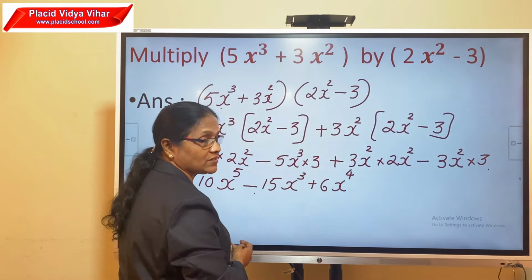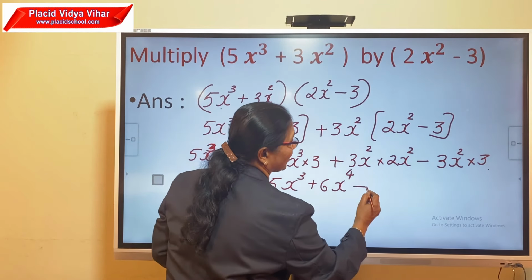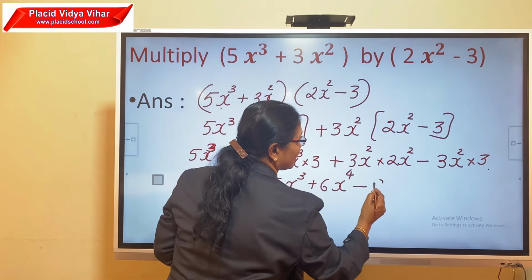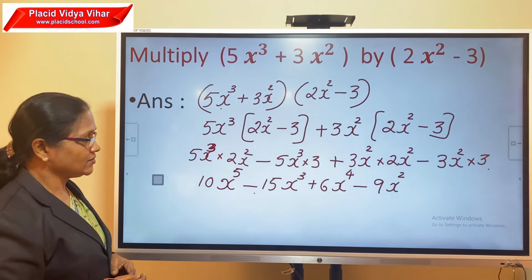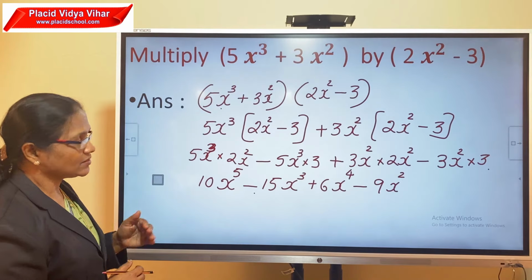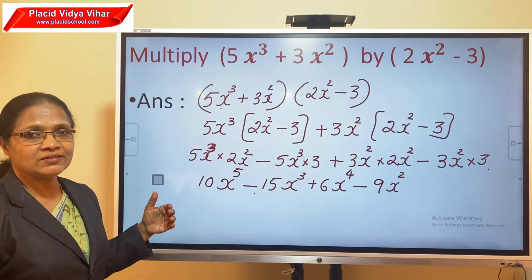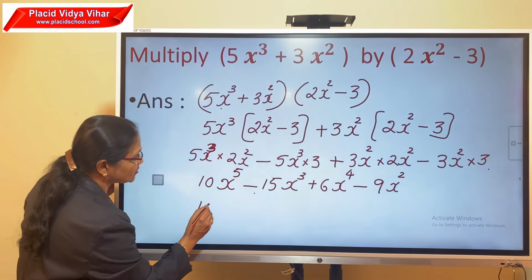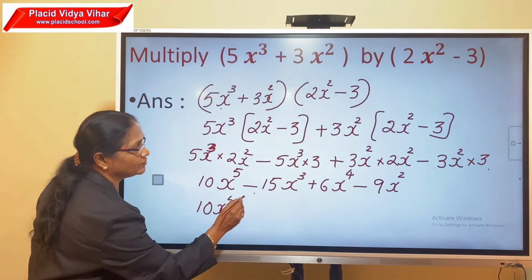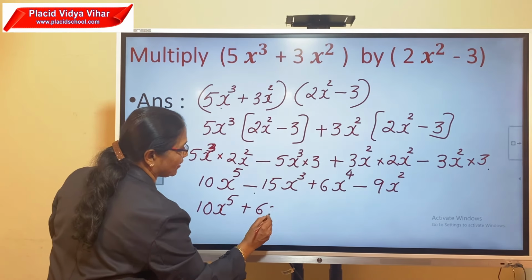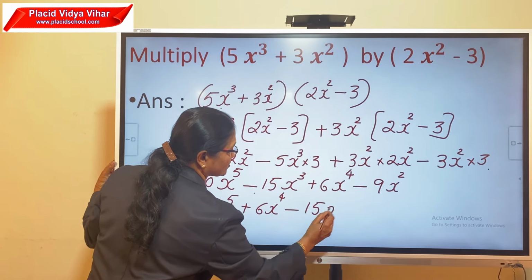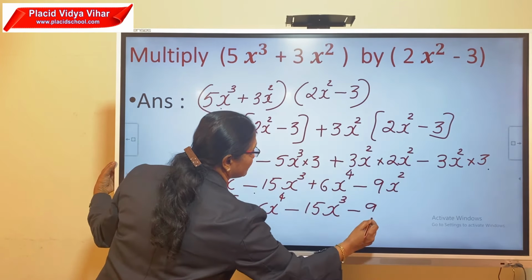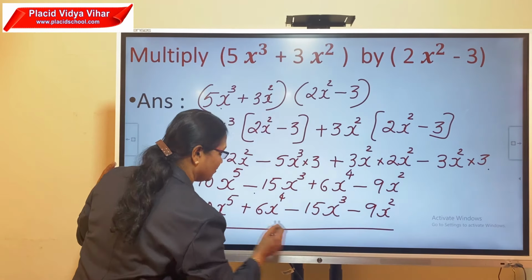Therefore plus 6x raised to 4, minus 3 times 3, 9x squared. We can rewrite this in the descending order of degrees. That is 10x raised to 5 plus 6x raised to 4 minus 15x cubed minus 9x squared.